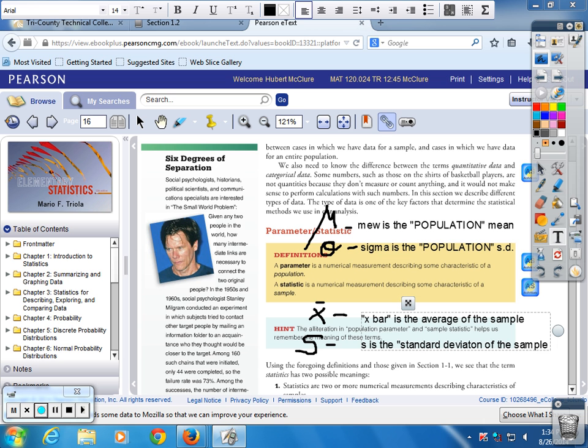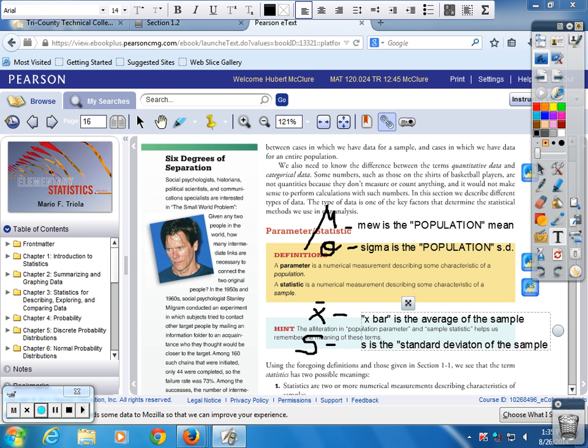Let me ask you a question. Are the mathematical formulas for either of these different or the same? The mathematical formulas for the population mean and the population standard deviation, compared to the mean and standard deviation of the sample, are the formulas different?